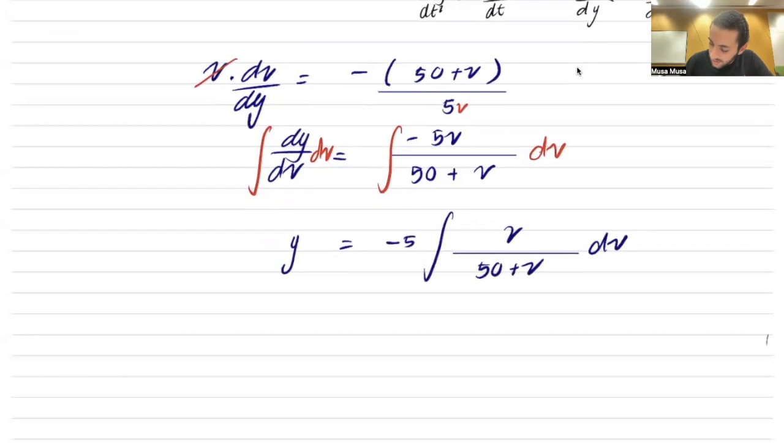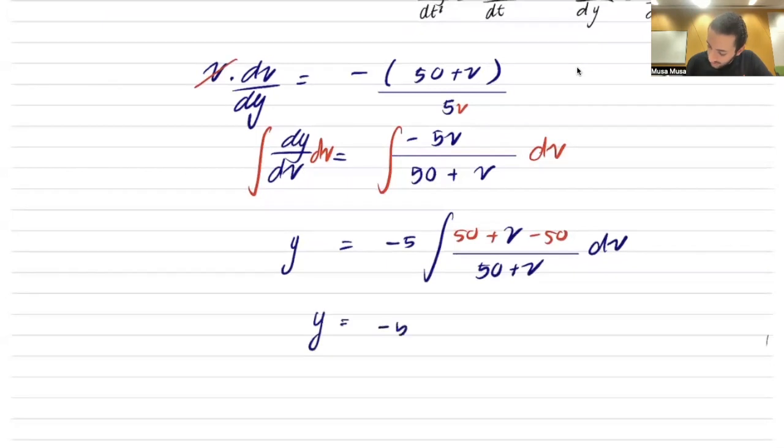I'm thinking add 50, subtract 50, because then you get Y equals negative 5, and then it's the integral of 50 plus V on 50 plus V, which is just 1. And the other one's minus 50 on 50 plus V dV.